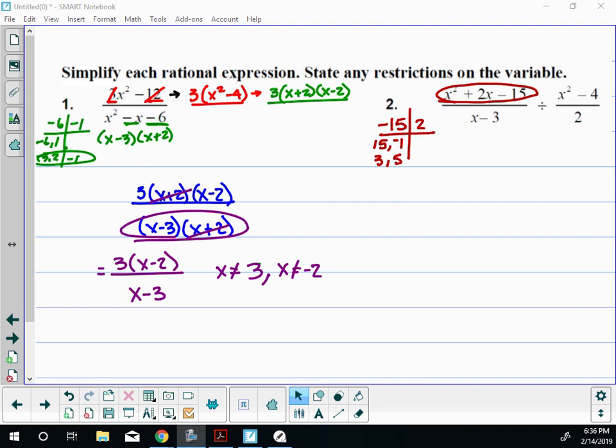We could do 3 and 5, so the 3 would have to be negative. Those are really our only options, and negative 3 plus 5 is what adds up to 2. So the numerator factors into x minus 3 times x plus 5. The denominator stays as x minus 3.